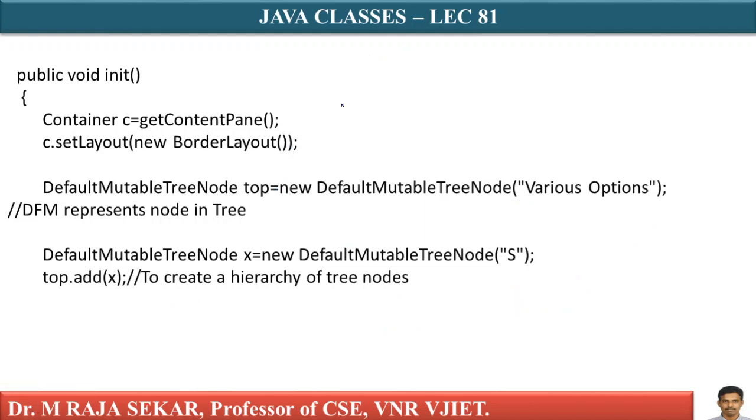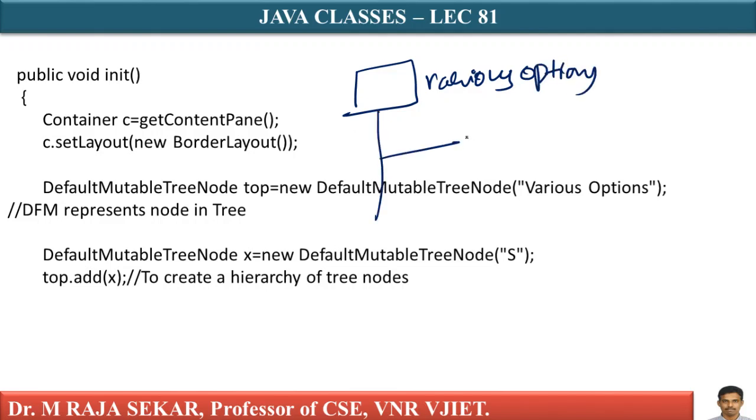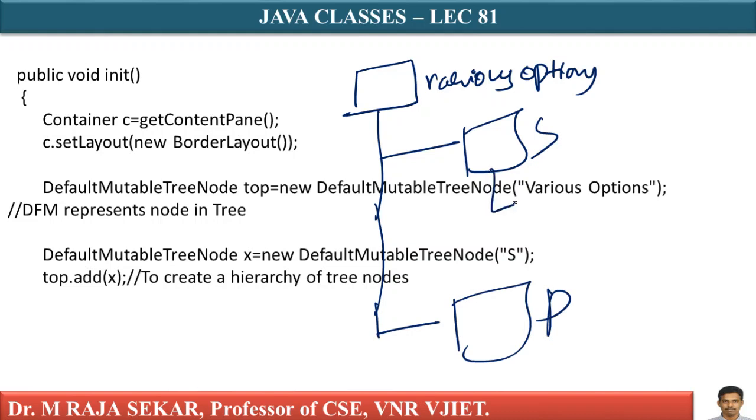As I told you, here I will create a root node with the name various options. This is my root node. For it I will create subnodes S and P. In S, I will keep S1 and S2.